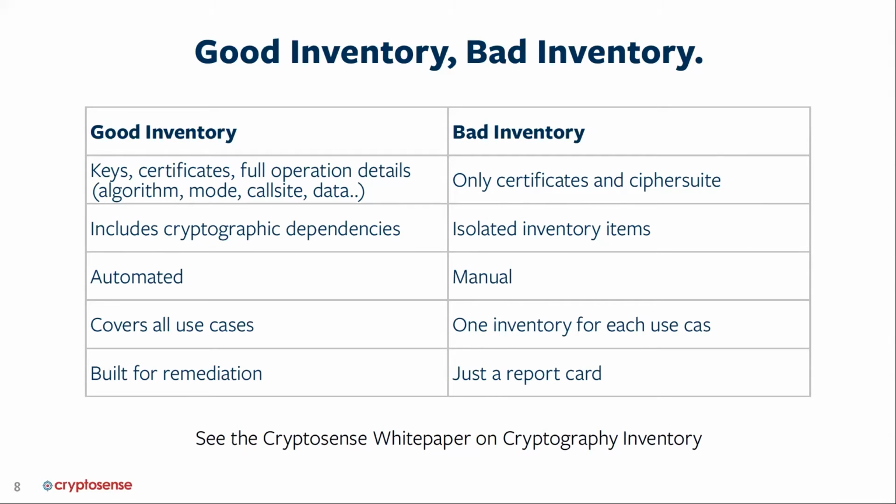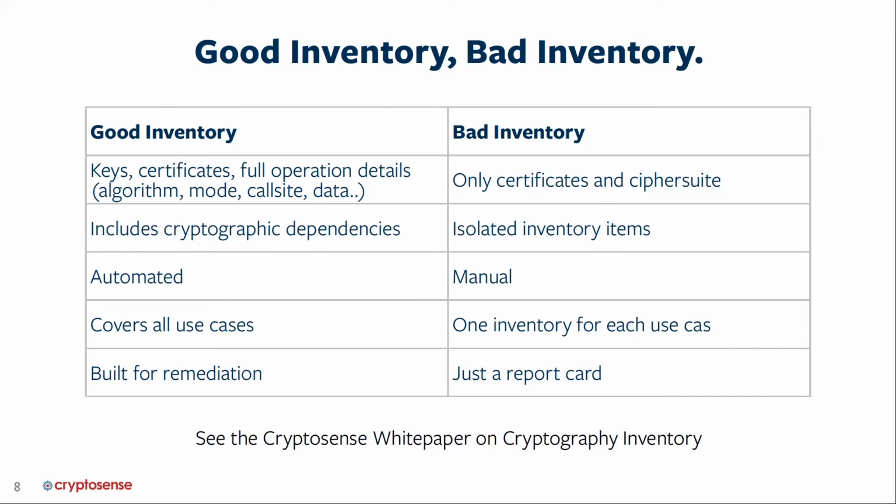So if I'm using a certificate in one place and then verifying in another, or if I'm encrypting with a key and then decrypting the data elsewhere, or if I change a third-party library and that third-party library is being used somewhere else, I need to know about these dependencies in order to be able to make those changes without getting those business continuity risks. So a good inventory will enable me to calculate those cryptographic dependencies, whereas a bad inventory will just give me an isolated list of, for example, algorithms and no connection between them about how that data flows.